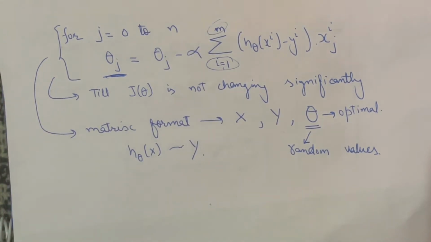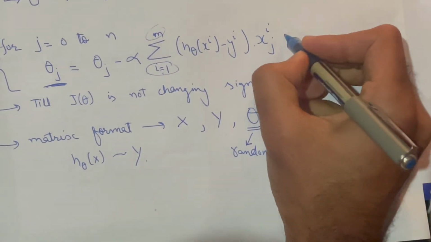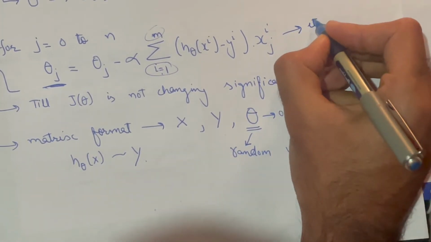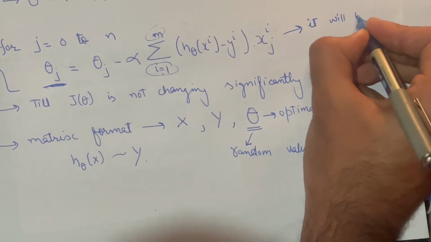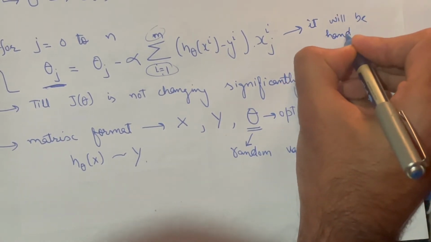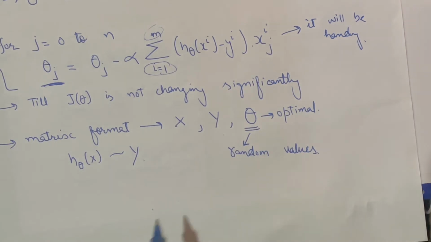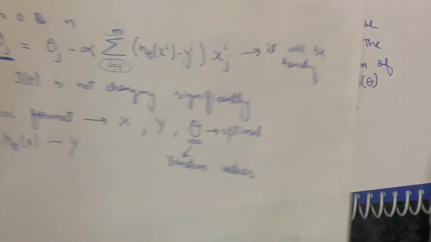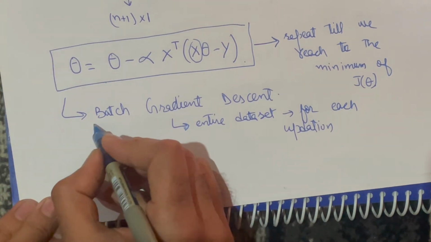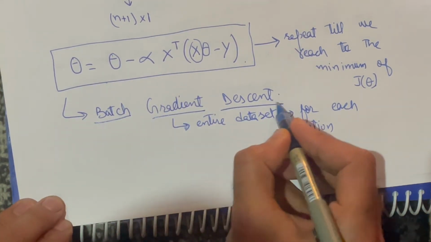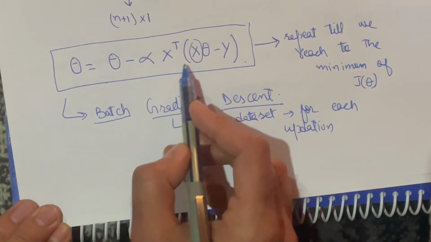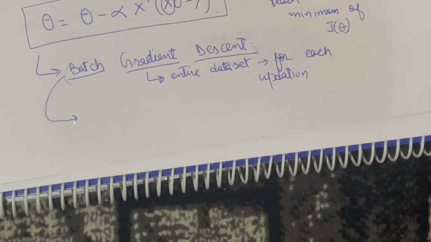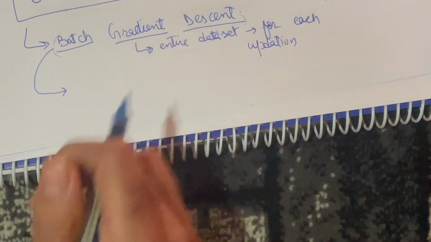And the disadvantage of this is that we require the entire data for doing each updation, and it will also take some time to reach the optimal value of theta. So we have discussed batch gradient descent both as an iterative approach and as a matrix approach. So this was about batch gradient descent.